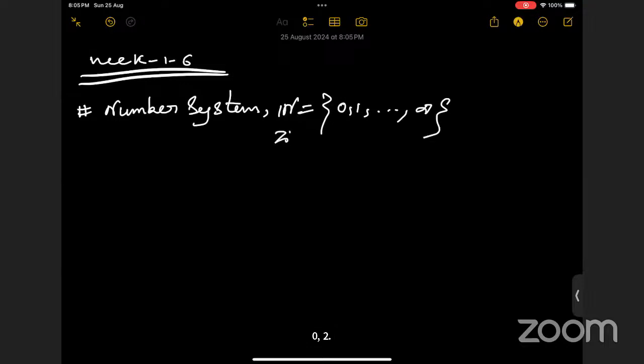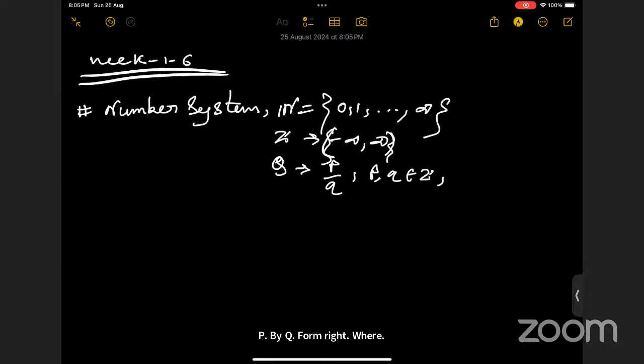Then we know about Z, which is from minus infinity to plus infinity, not open interval. Then Q, which is in p by q form, where p, q belong to Z and q not equal to 0. Then we know about real numbers and irrational numbers, right?